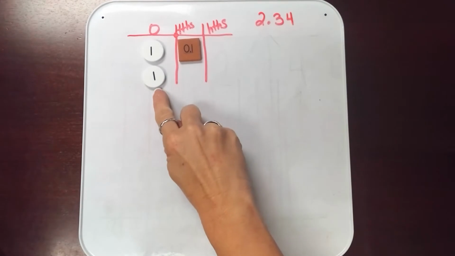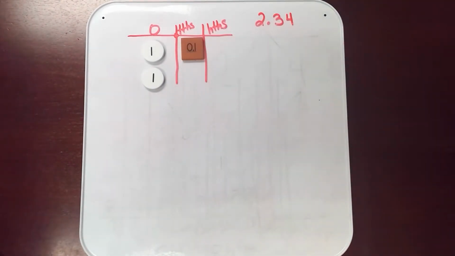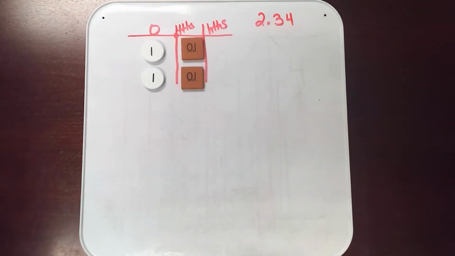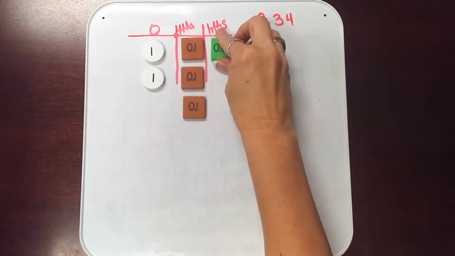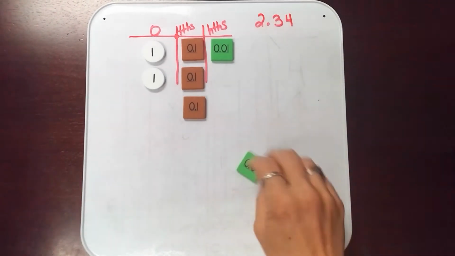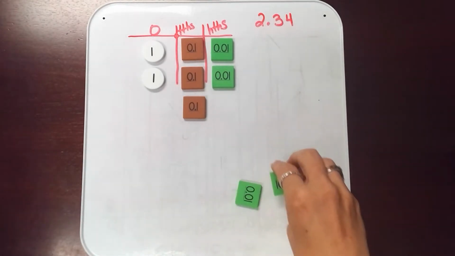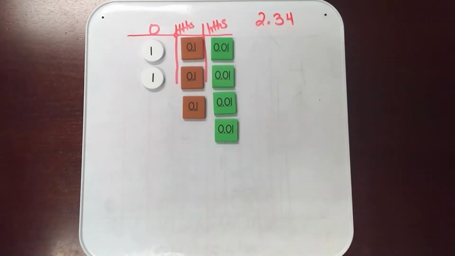So we have 2 wholes, we have 3/10, and we have 4/100. If you don't have these pieces of paper, you can have students just write in the values.